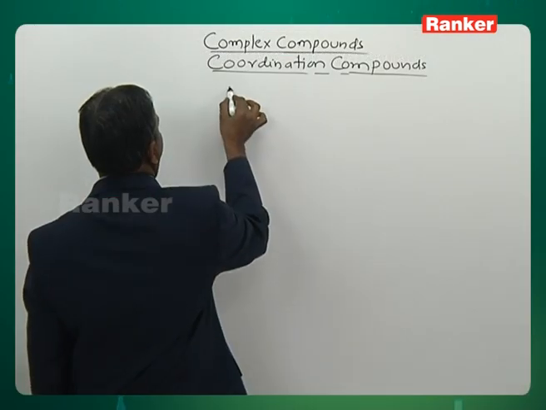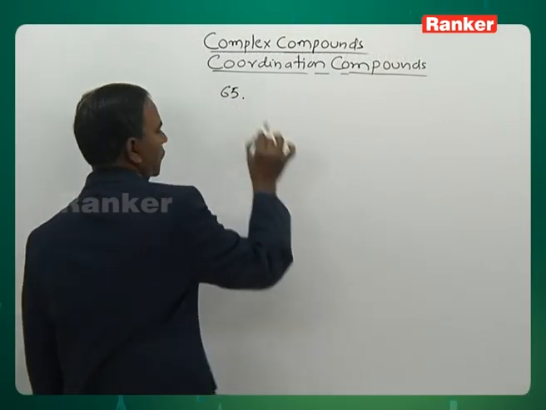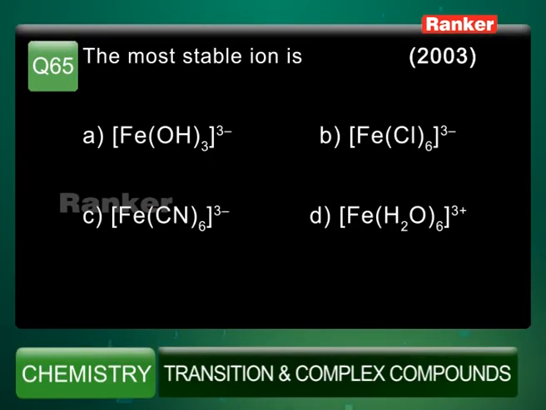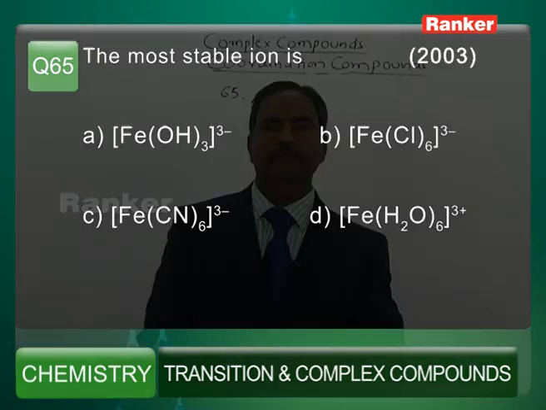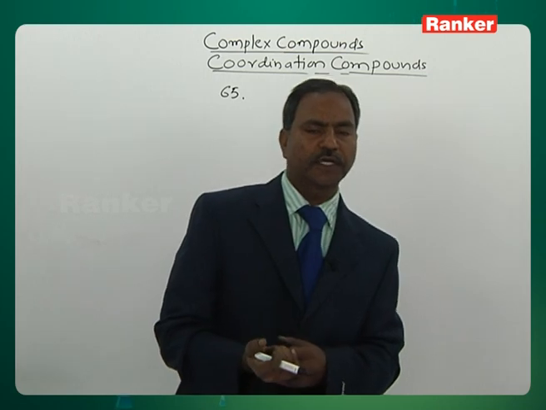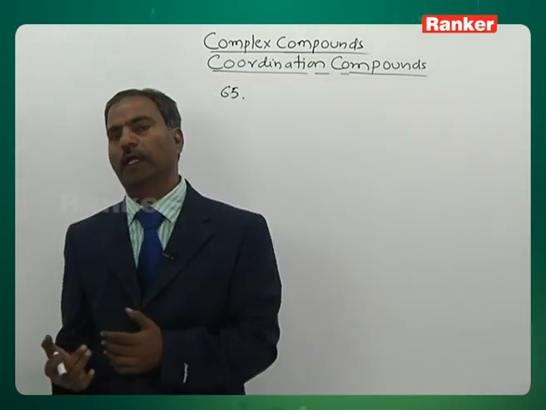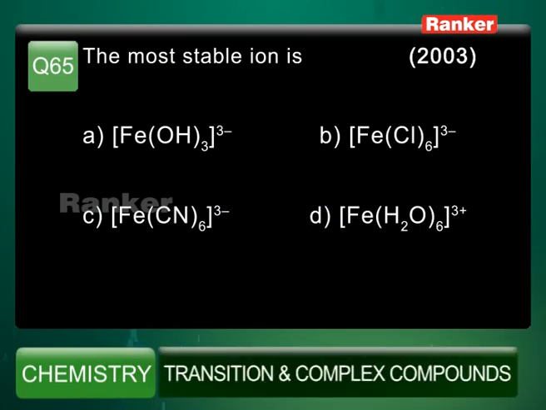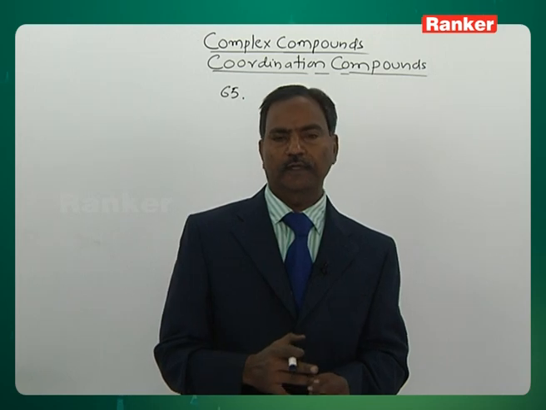Coming to question number 65. The most stable ion is. It means you have to see in which complex the ligand is a strong field ligand. Let us check it. According to that, a strong field ligand generally produces a highly stable complex, stable ion. Therefore, option A is Fe(OH)3, simply ferric hydroxide. That is also not correct.